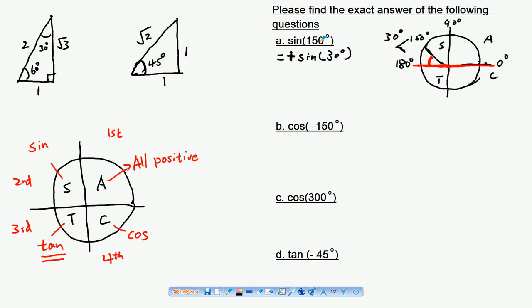It means sine 150 has exactly the same value as sine 30 degrees. You can check it in your calculator, they are equal.